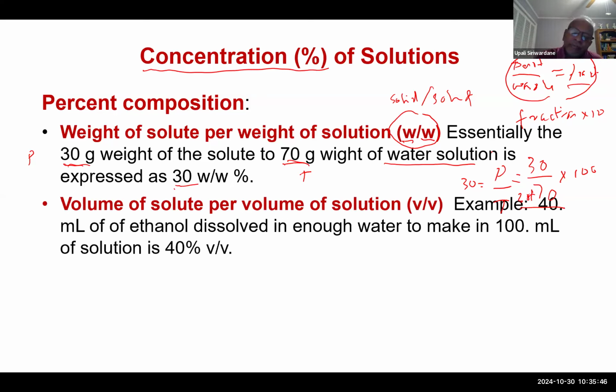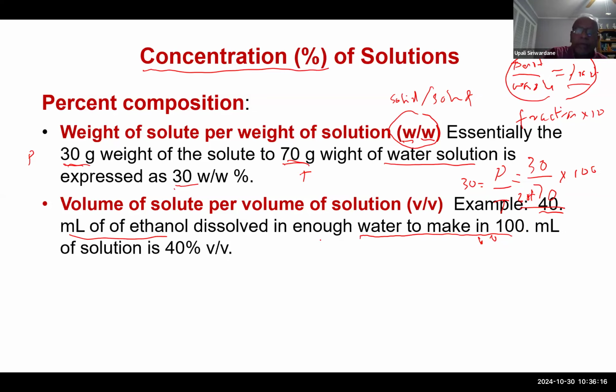If the volumes of the two components are known, for example, 40 milliliters of ethanol are dissolved in water, the water is 60 here. Why 60? Because the total is 100, and 40 plus 60 become 100.